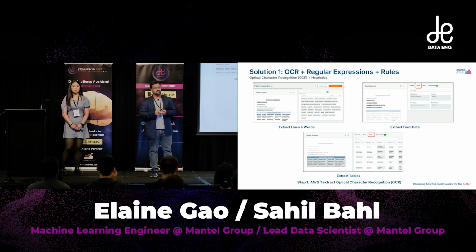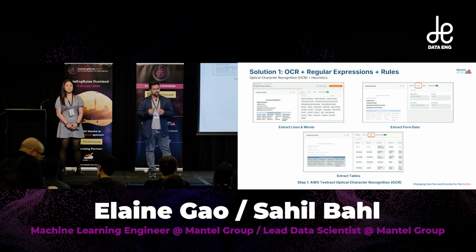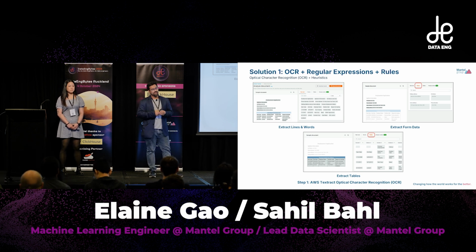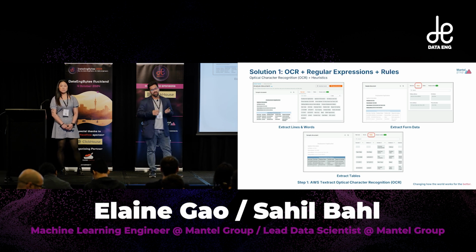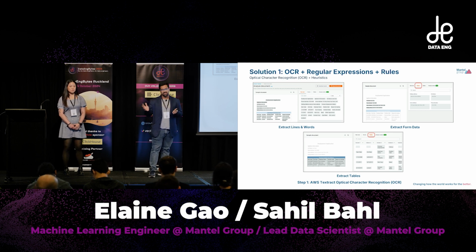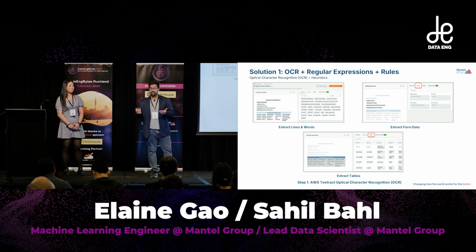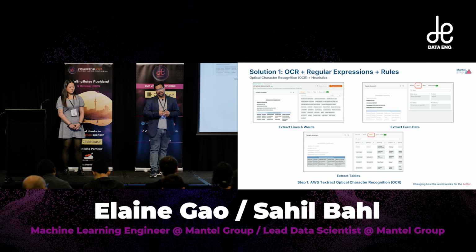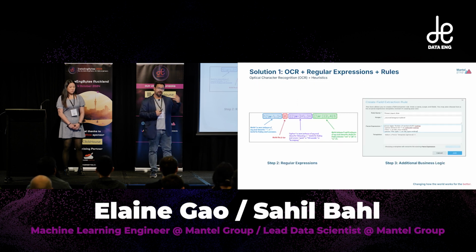So the first step is OCR, which is, again, very common, where you can extract information, not just the text, but you could use tools such as AWS Textract. Again, each cloud provider has their own flavor of these tools, but the idea is that you extract text, which will include tables and other forms of data as well, and then you apply some sort of regular expression.